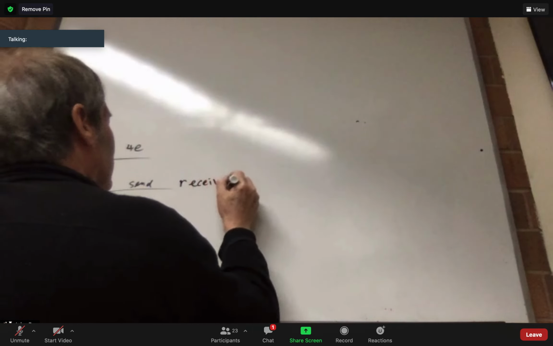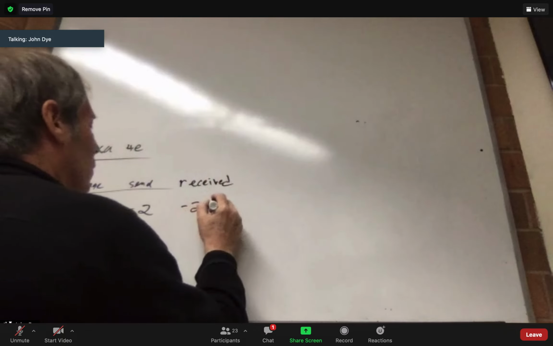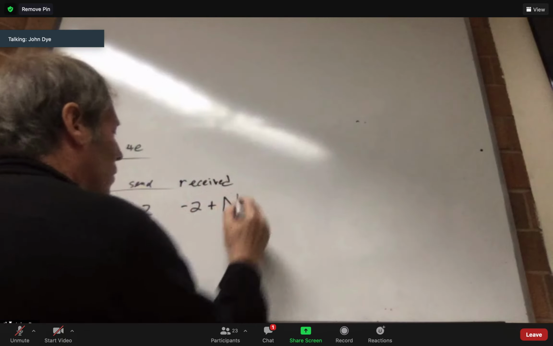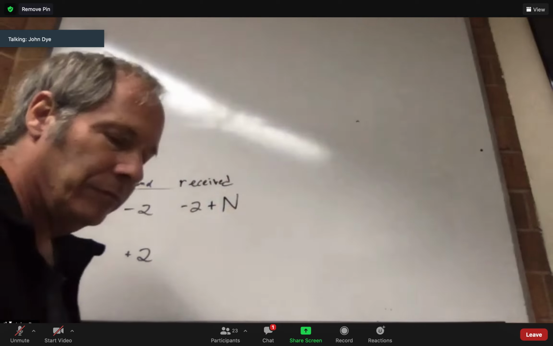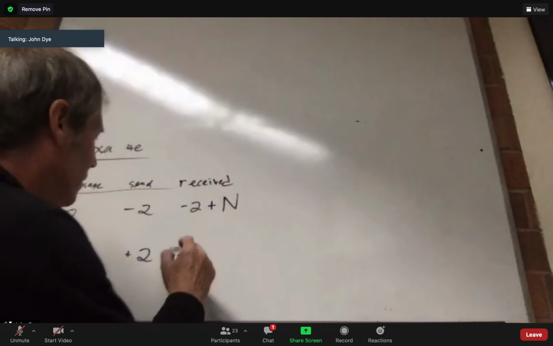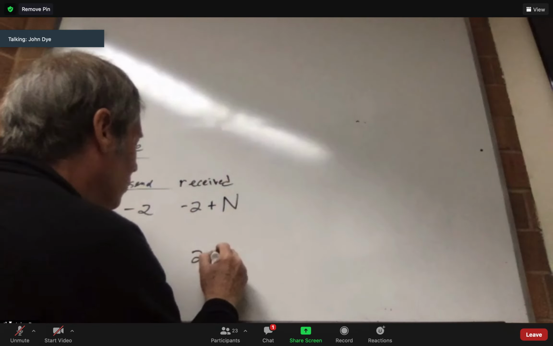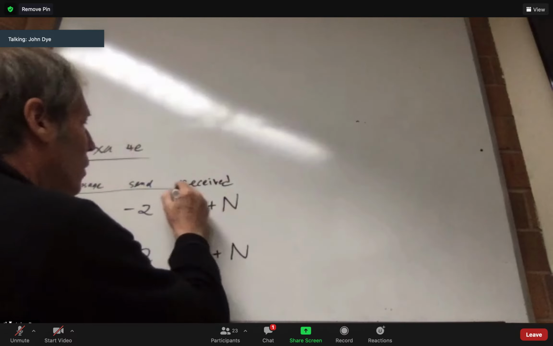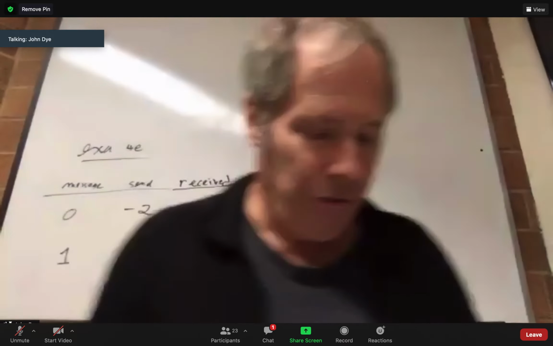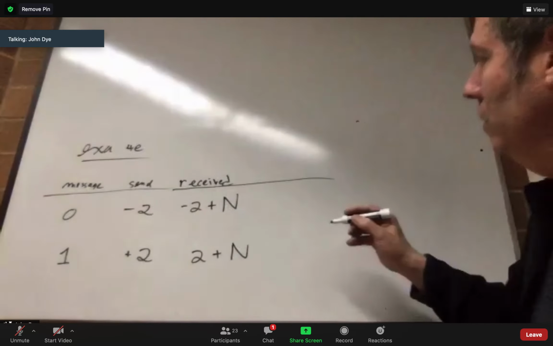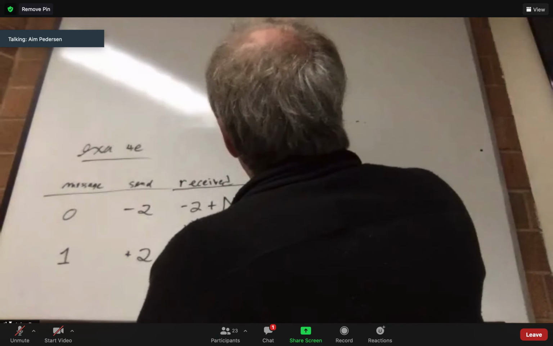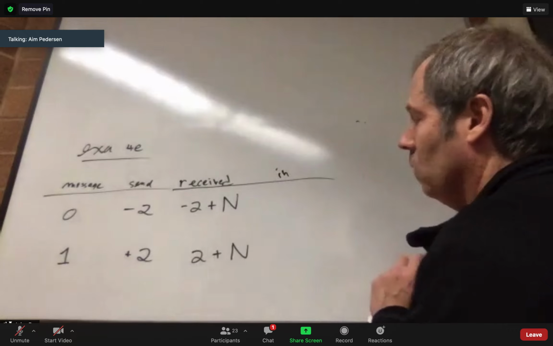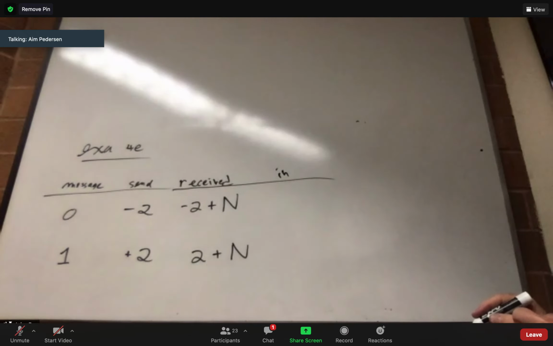Received here will be -2 plus this standard normal, or here it would be 2 plus the standard normal. And the question is, how are they getting interpreted? When you say standard normal, we're saying that the variance is 1 for sure?